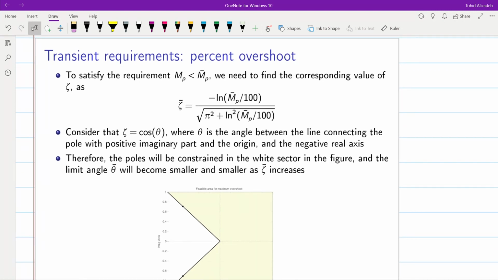We can start with the overshoot. For the overshoot, usually the kind of requirement that we have is that MP should be smaller than MP bar.